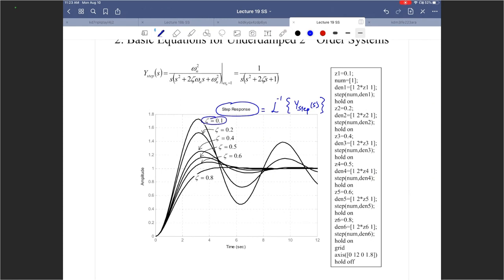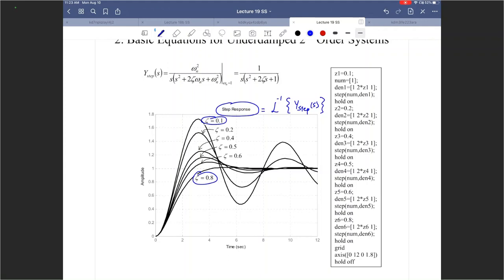The overshoot is low if you damp things more, for zeta equals 0.8, that overshoot has come down drastically. So you see the response of this system as you change zeta. And the code for sketching it is written on the right here.